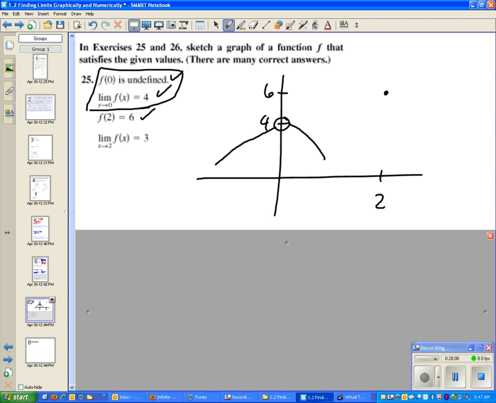So I'll call that 3. So then don't I need for this to happen? And then who knows? I don't know what it looks like to the right of 2. But let's make sure we've done that. As x is approaching 2 from the left, are the y values approaching 3? Yep. As x is approaching 2 from the right, are the y values approaching 3? Yep.